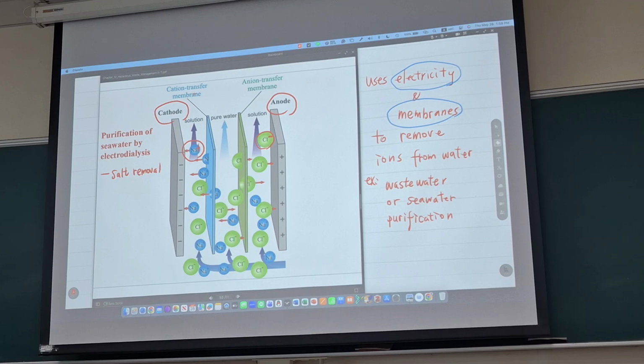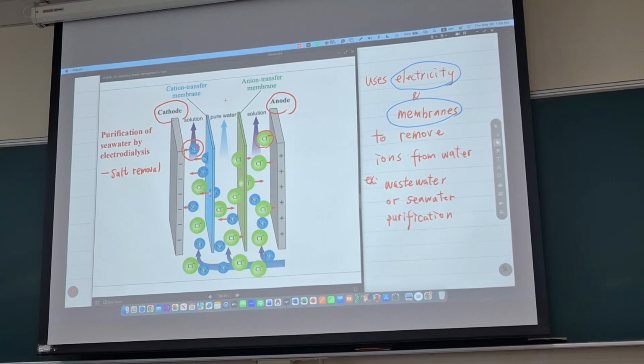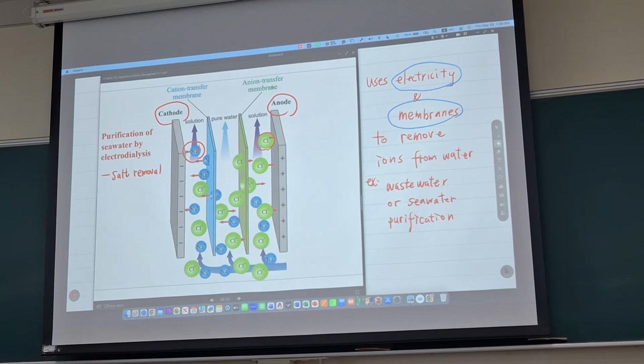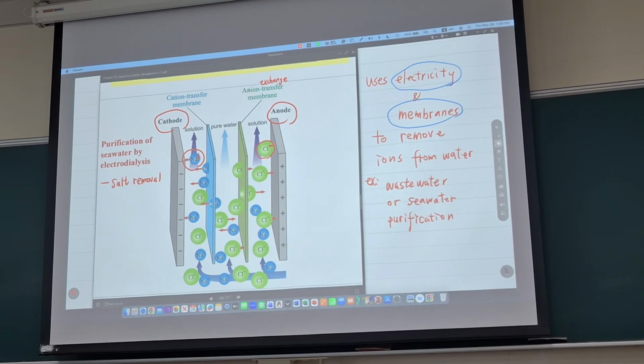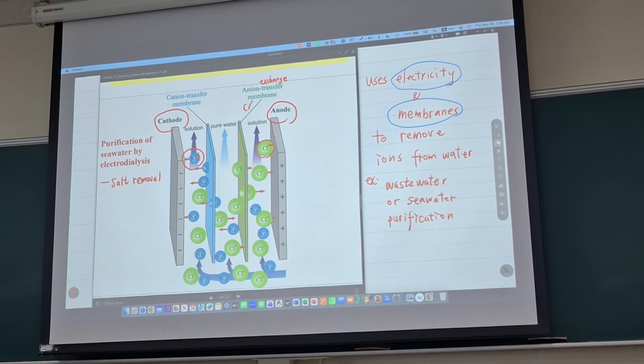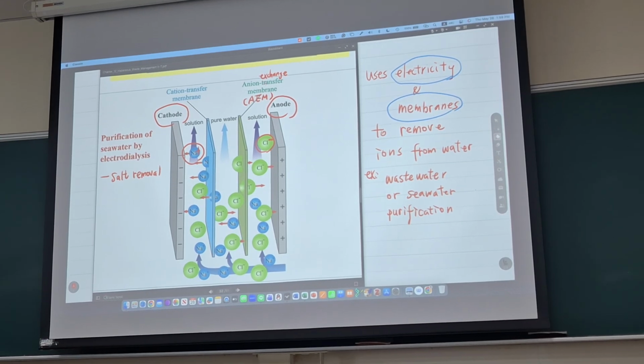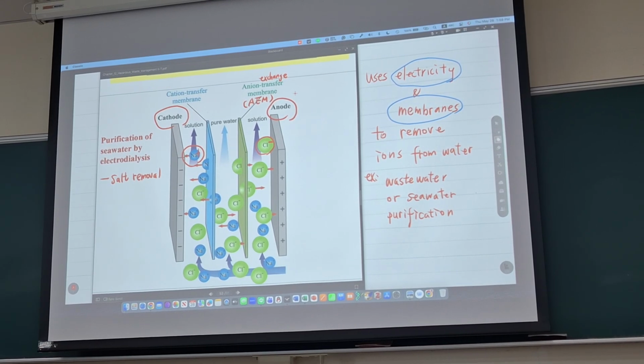Anion exchange membranes, or anion transfer membranes, sometimes called AEM.